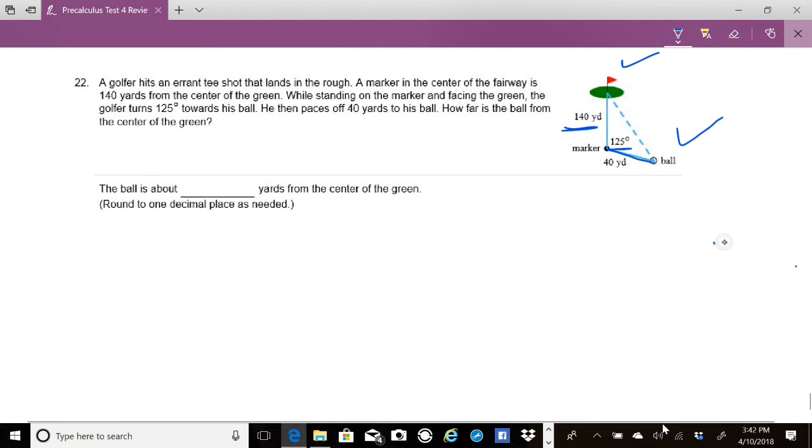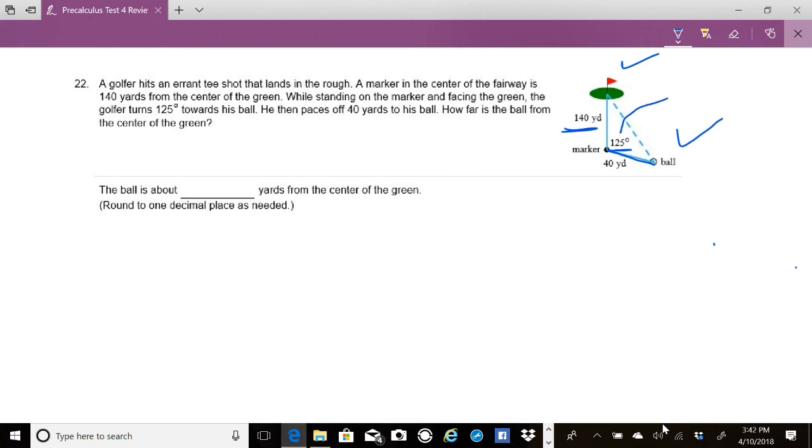And this angle here is 125 degrees. We want to know what this side C is. So this is going to be side C we want to find.